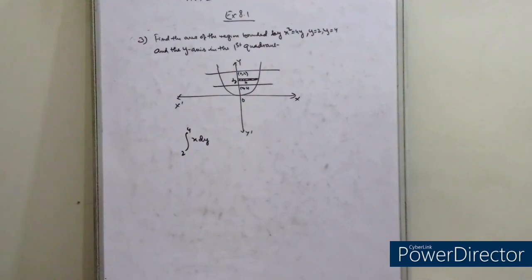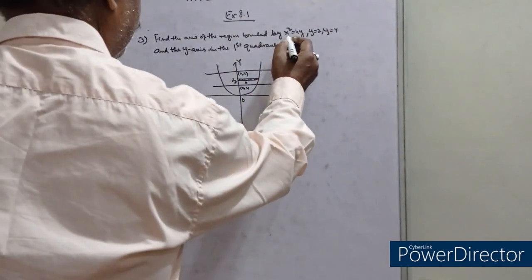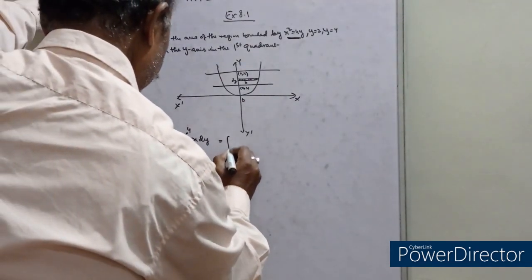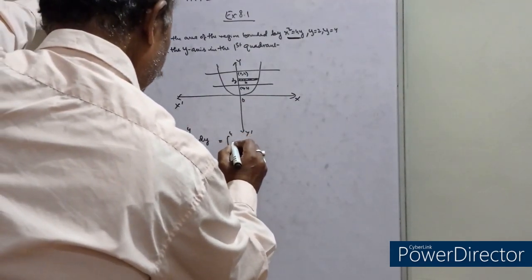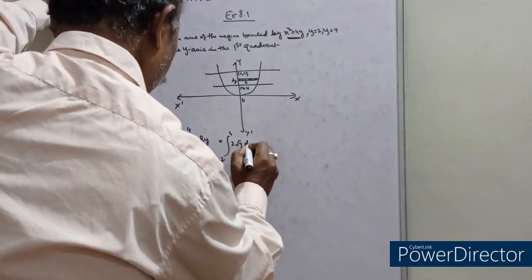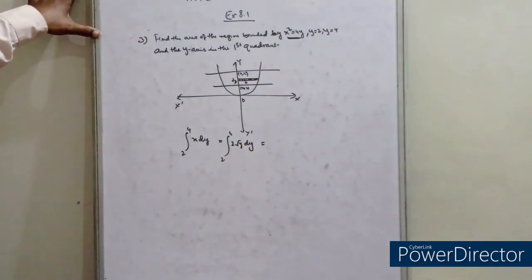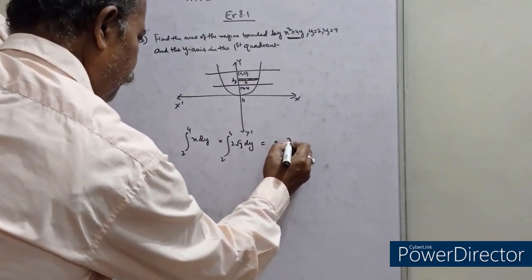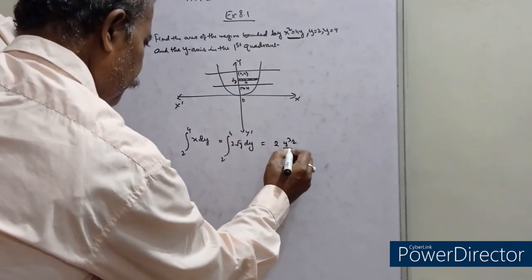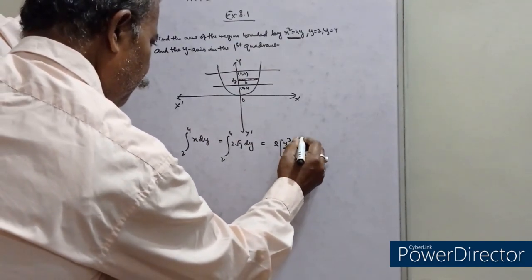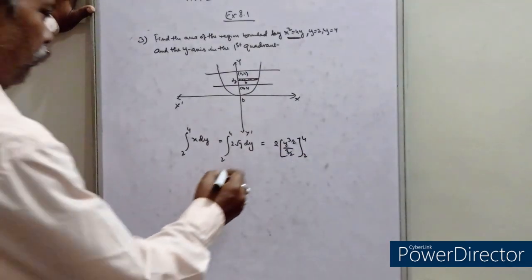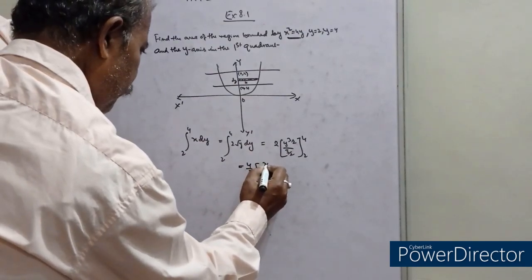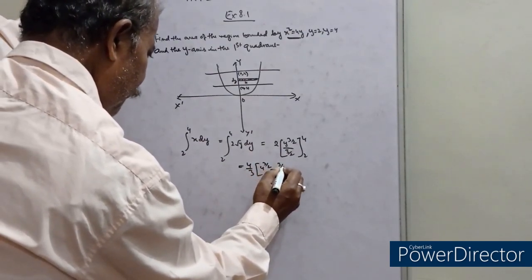The value of x will come from x square is equal to 4y, so this will be integral from 2 to 4 of 2 root y dy. So this will be equal to 2 y to the power of 3 by 2 divided by 3 by 2, from 2 to 4. So this will be 4 by 3 times 4 to the power of 3 by 2 minus 2 to the power of 3 by 2.